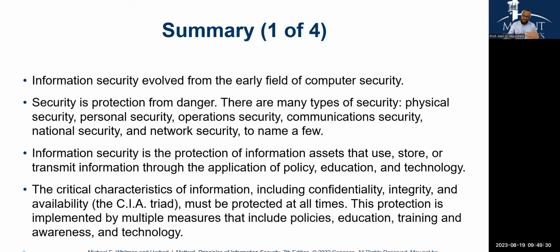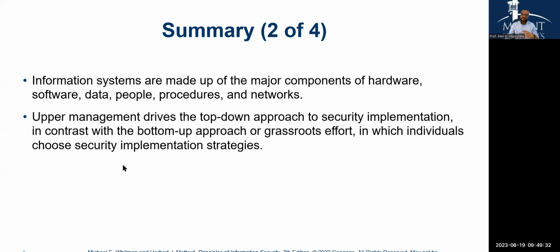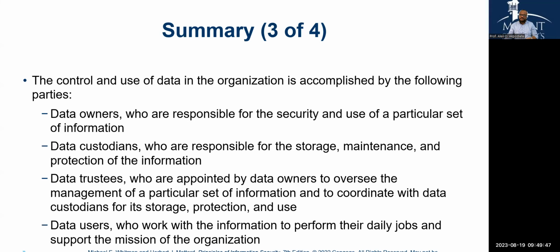There could be multiple measures to do that. And then there are different components of an information system: hardware, software, data, people, procedures, and of course, network. And then we said that upper management drives the top-down approach, as opposed to the bottom-up approach that is based on the tech guys at the bottom, right?